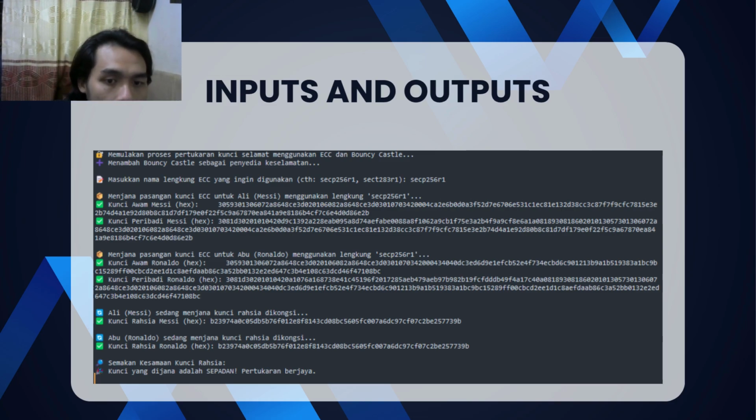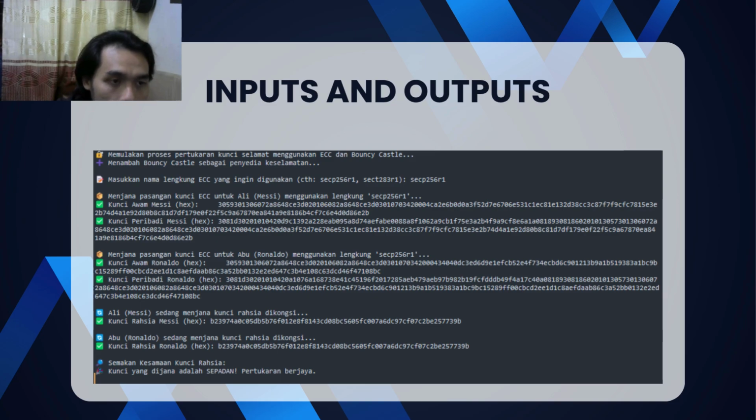Most of the time, if it doesn't work, it is rarely because of a corrupted key. Most of the time it is because someone entered the wrong curve. Like if you accidentally enter SECP 256R1 for the first partner, and for the second partner you enter SECT 256R1 instead, it would result in a different key.